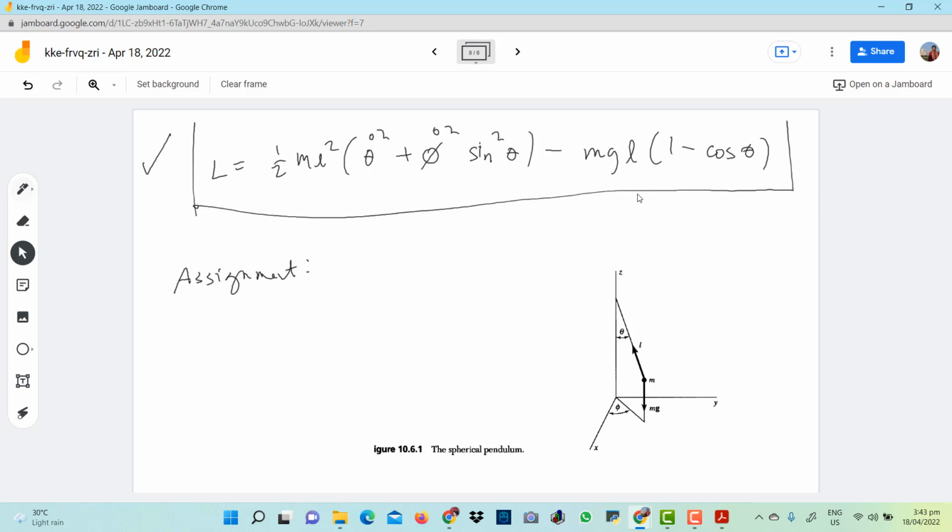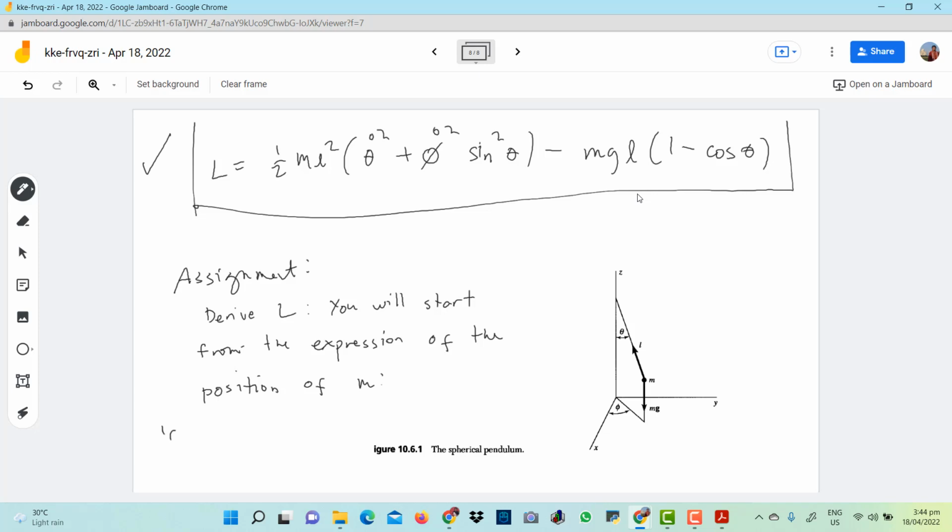So your assignment will be this: derive L, and you will start from the expression of the position of M. Because if you know the position, you will know the velocity of M. Okay?